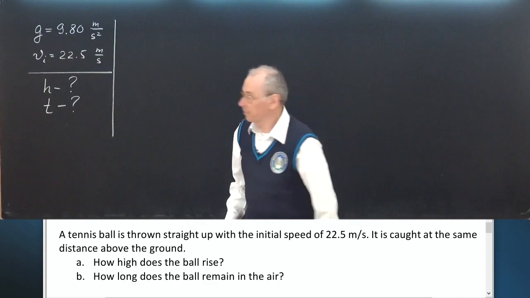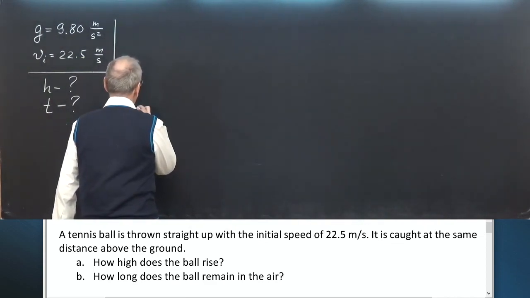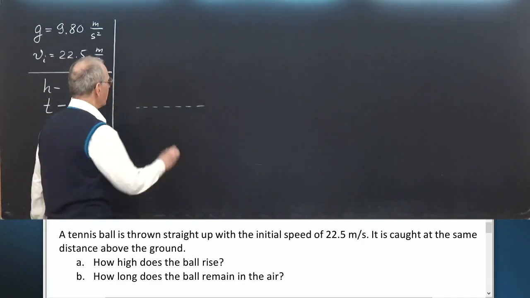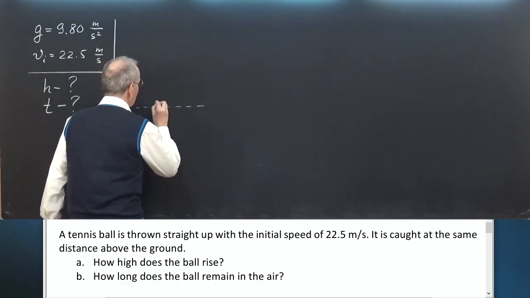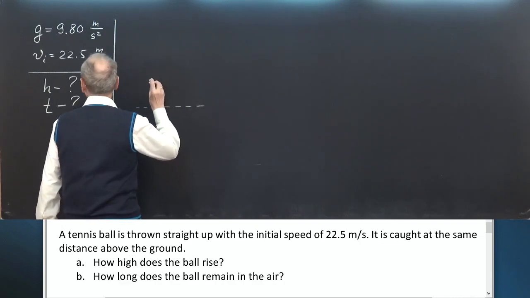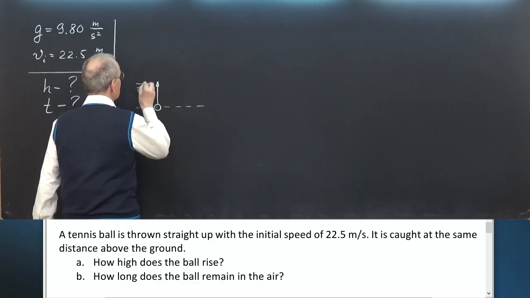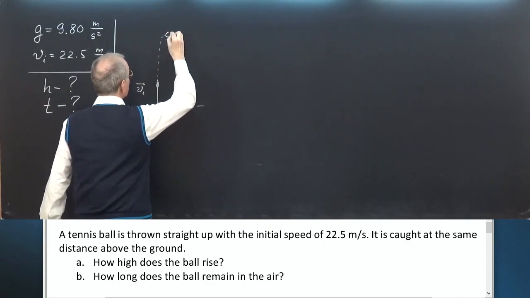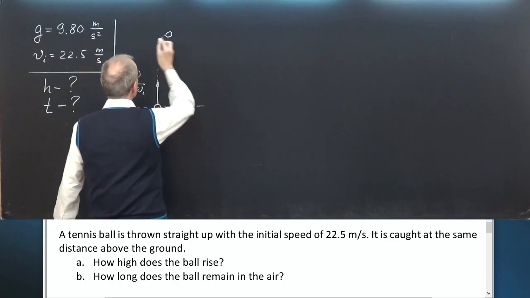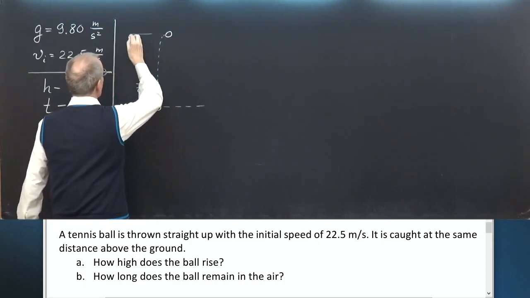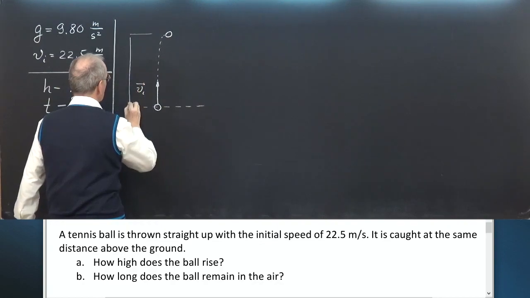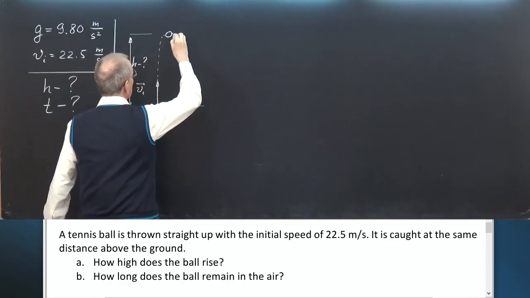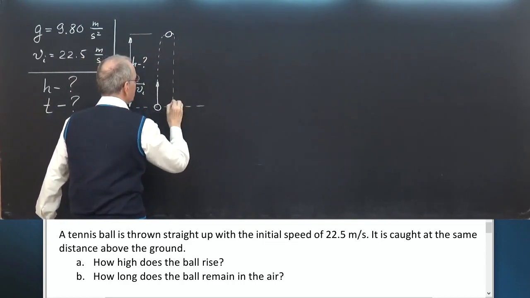Let's make a picture. This is the initial and final position of the ball. The ball is thrown at a speed v initial directed vertically. It rises, reaches the height h above the ground, and then returns to the same height.